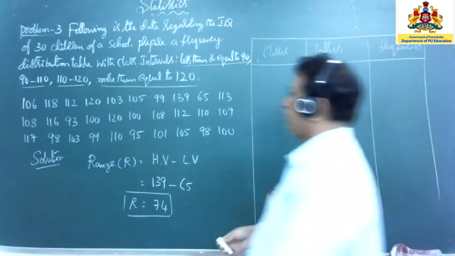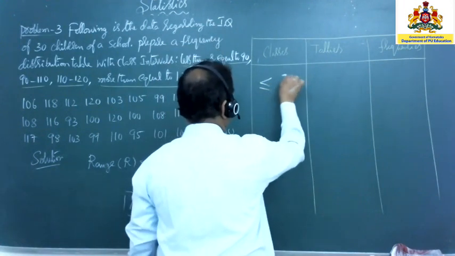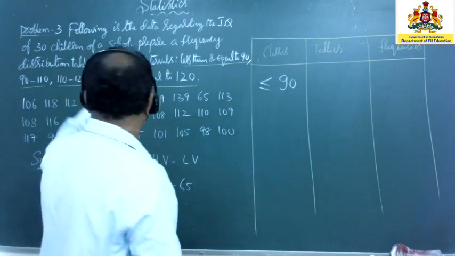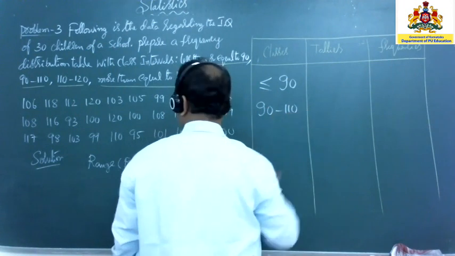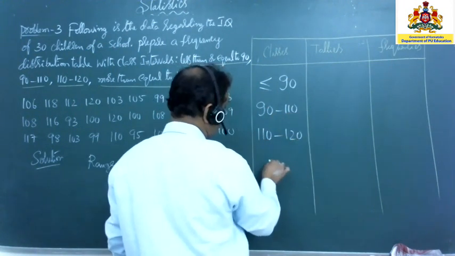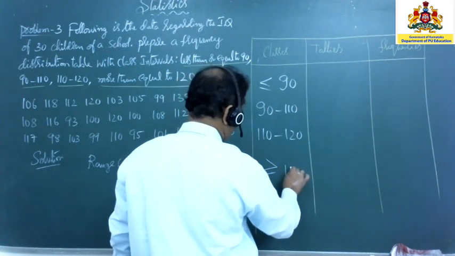Okay. The first class interval should be less than or equal to 90. Next one is 90 to 110. Next one is 110 to 120. Next one is more than or equal to 120.